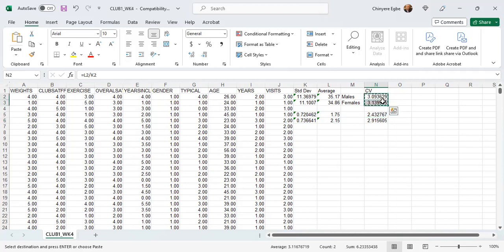If we reduce this to, say, 2 decimal places, it's not much different, 3.09 and 3.14. So why is it that the variation for females is higher than the variation for males? We have come up with some kind of a reason, an explanation.